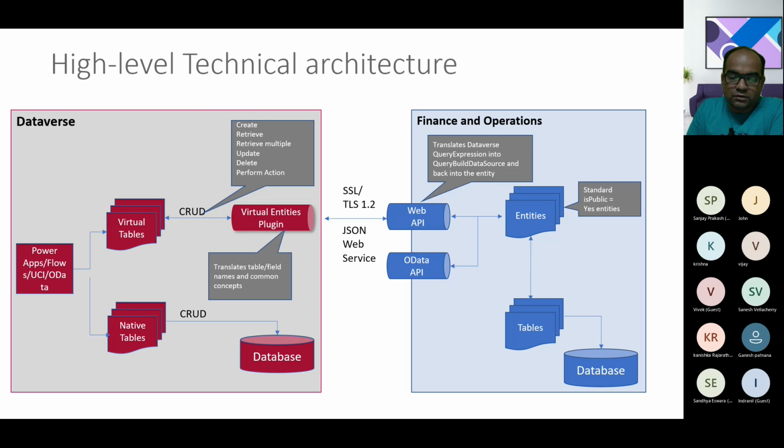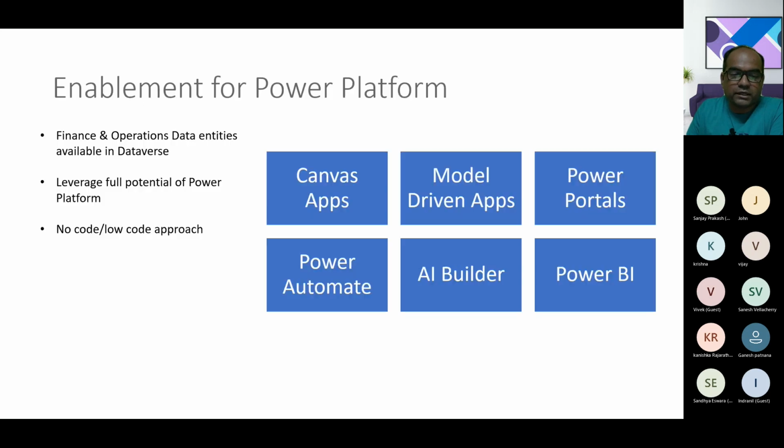Now I'll quickly move on to the next slide, where we will see a couple of points on how this helps enablement from the Power Platform perspective. One is the Canvas app: it allows you to create a Canvas app with the help of this virtual entity. You can also leverage model-driven apps.